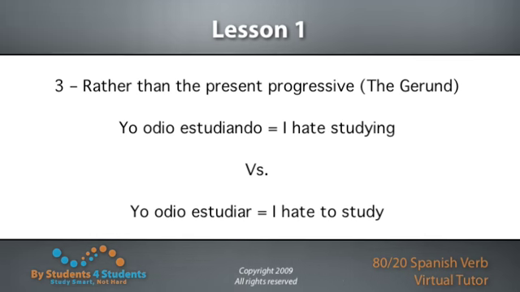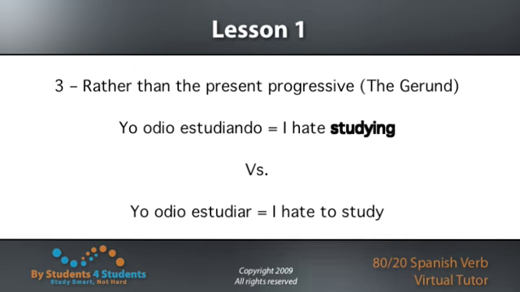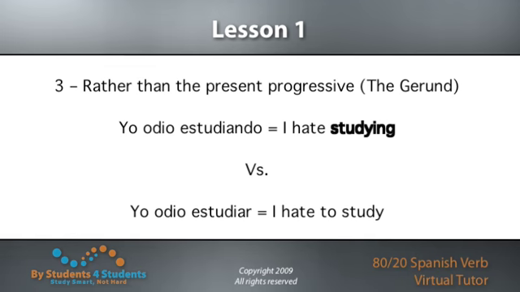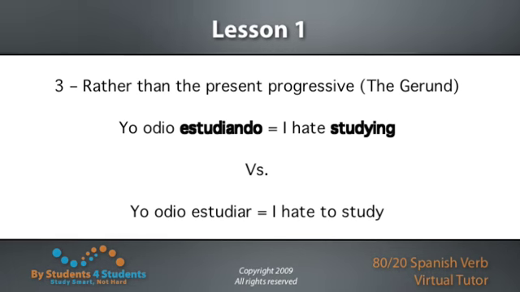For example, "I hate studying" can refer to what you are doing right now in this very moment, or what you are doing in general. In Spanish, however, studying would not be the correct way to say this. Yo odio estudiando is wrong. We should instead be using the infinitive, yo odio estudiar.